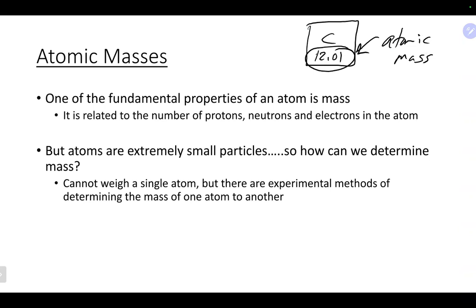One of the fundamental properties of an atom is its mass, but atoms are extremely small, as we've been talking about. So you can't really pick one up and put it on a scale. So oftentimes in chemistry, where we can't directly measure something, we like to pick something as a standard to compare everybody else to.